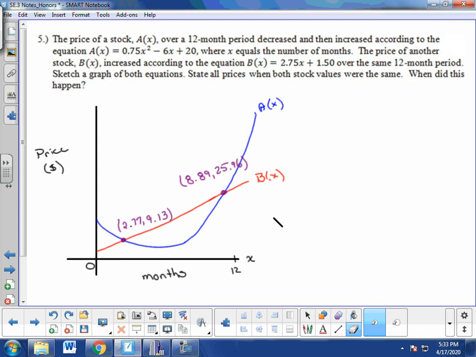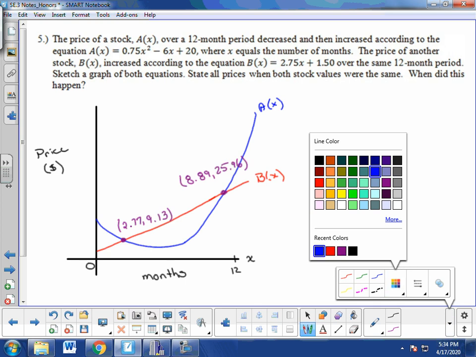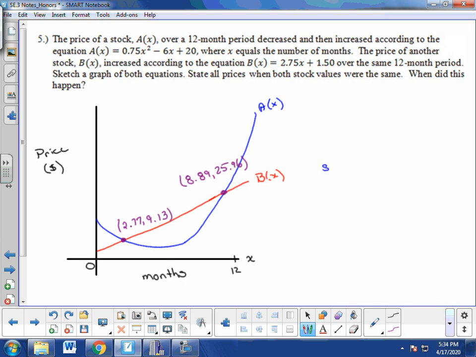So it says state all prices where both stock values are the same. And so we see over here on the left, the value is $9.13. So one time that they're the same is $9.13. And this also asks when did this happen?